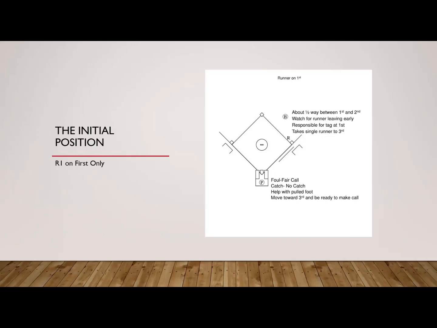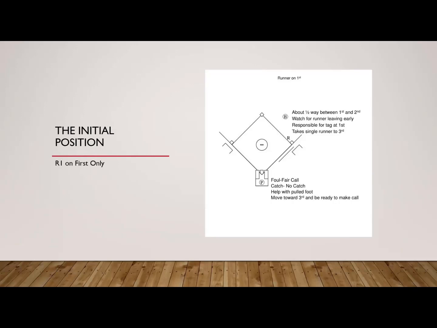Initial position with a runner on first base is behind the second base person, always shading toward the lead runner. With multiple runners on that applies, but with a runner on first base, we are always on the left shoulder of the second base person, about 4 or 5 feet behind her, prepared to make a call on leaving early and on any throws back to first base by the catcher.